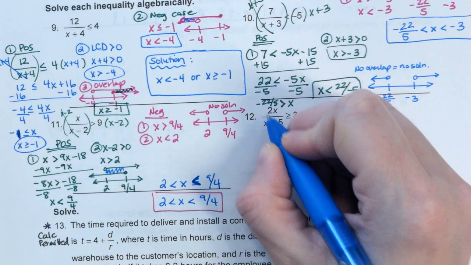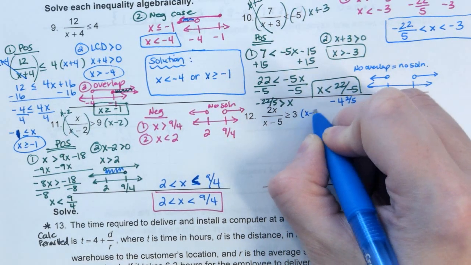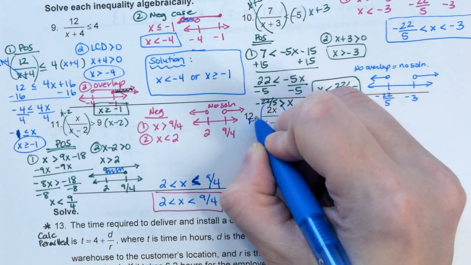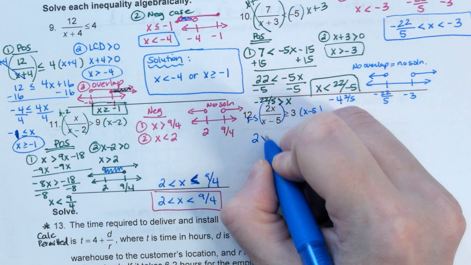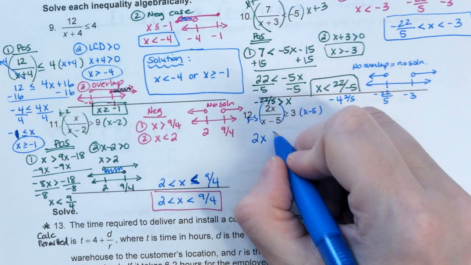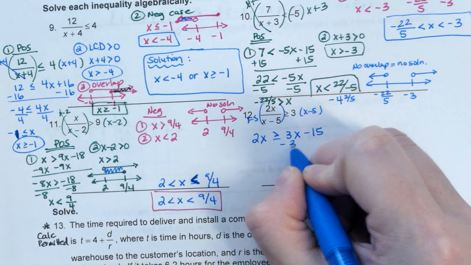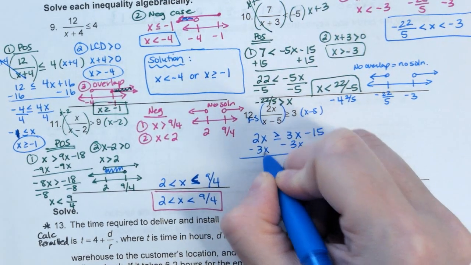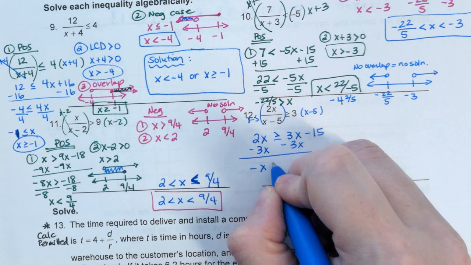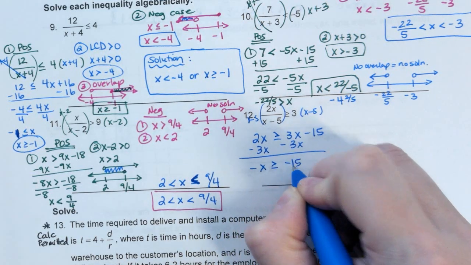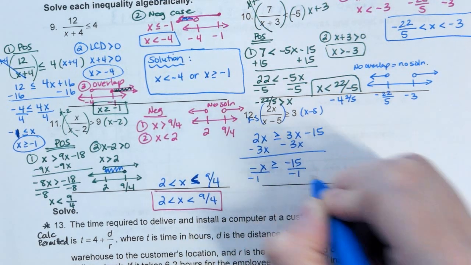when you multiply each side by x minus 5, you get 2x is greater than or equal to 3x minus 15. This is another one where you have to be careful of the negatives. How are we doing at remembering to switch if it's negative? Yeah.